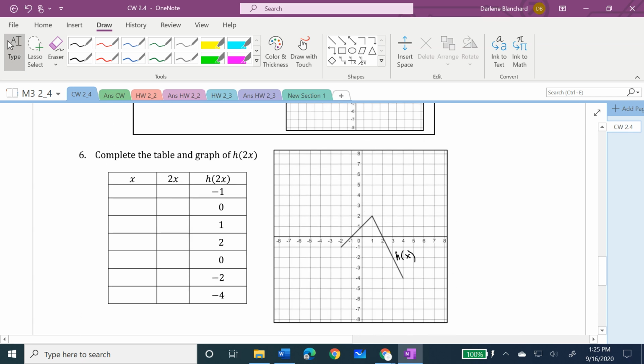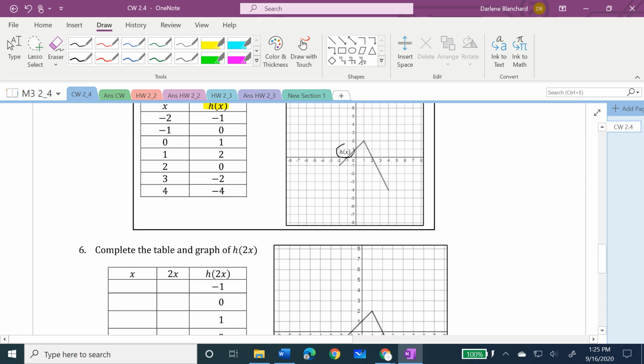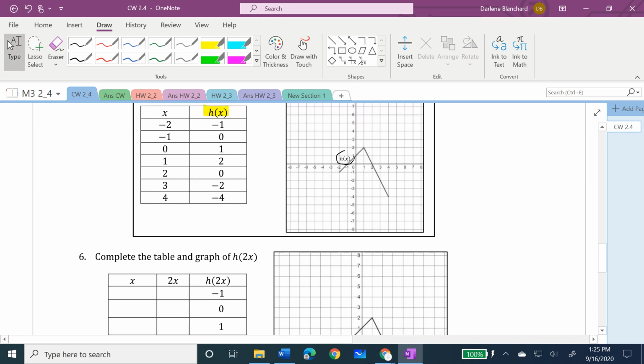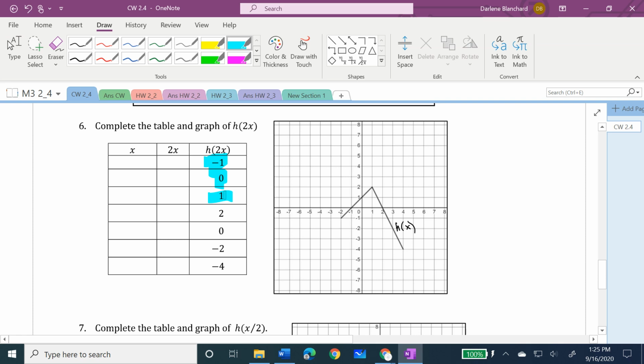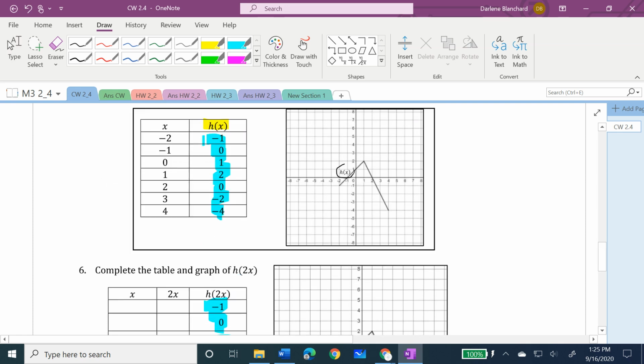Now, here's the tough thing. I have presented for you the y column. I want you to see that this is the same as the y column that I have for h of x.